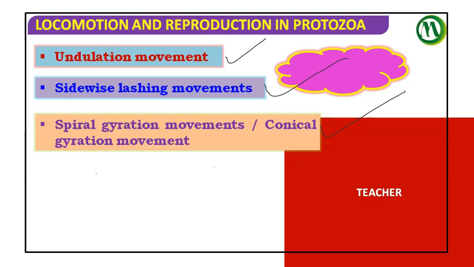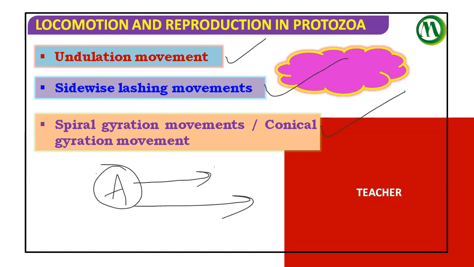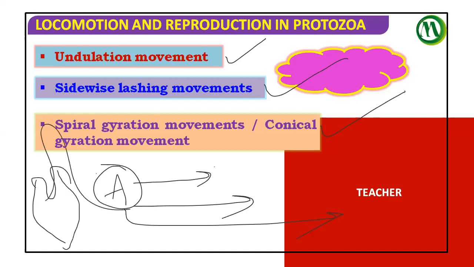For example, if I am talking about a person A, A can walk, A can run, A can jump. That means I am giving the three capabilities of A. Now I am giving the three capabilities of Euglena that they can show with the help of the flagellum: they can show undulation movement, sidewise lash movement, and spiral gyration movement.